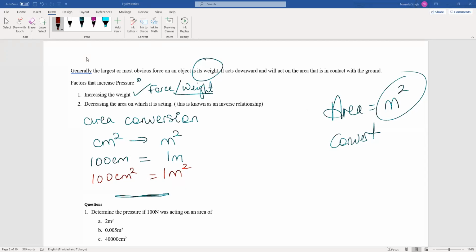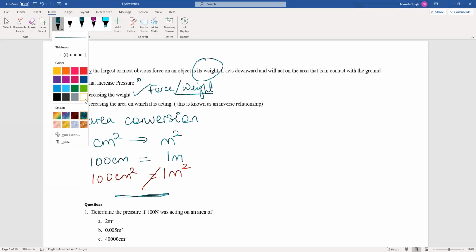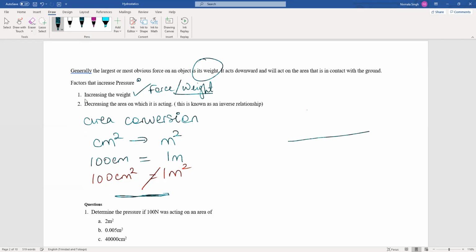Okay, now 1 meter is equal to 100 centimeters, but 1 meter squared is not equal to 100 centimeters squared. And let's look into the logic as to why this happens. I think we did go through this before, but just to review. So I have 1 meter is equal to 100 centimeters.